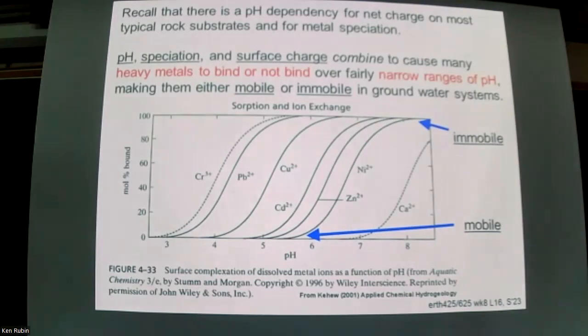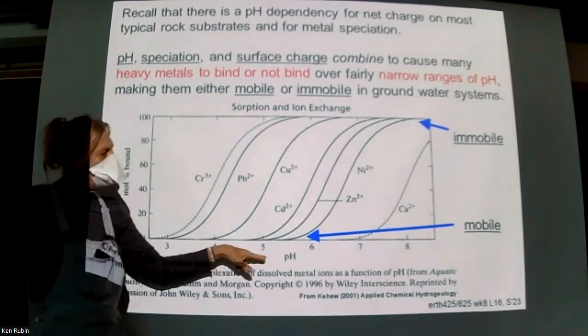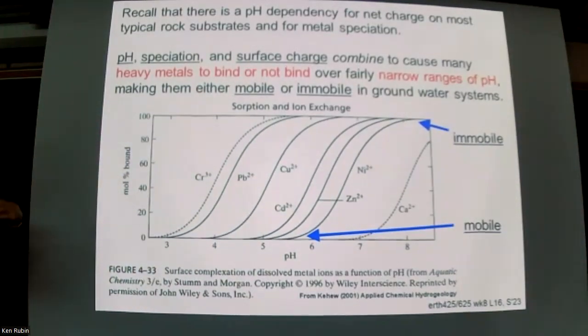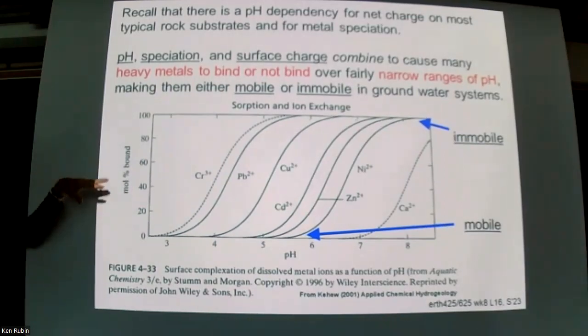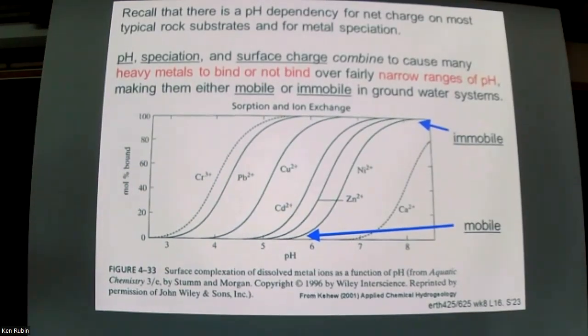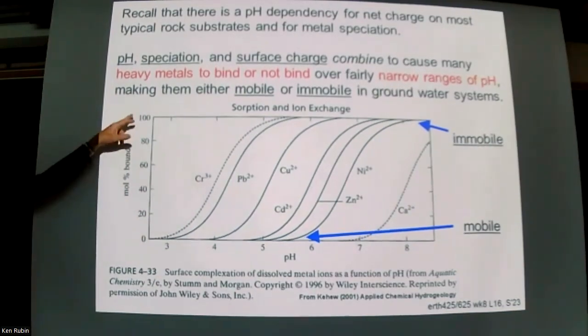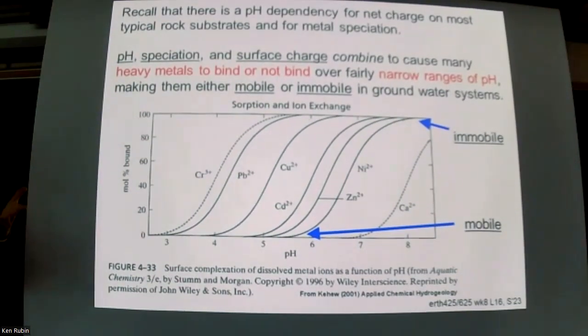Okay, so the next thing we have to think about is what is the chemical form of each of our things that might stick onto a surface and be retarded, move slower than the rate of water flow, as a function of other chemical parameters, and one common chemical parameter is pH. So this is basically showing us the mole percent of each one of these chemicals that is bound to particle surfaces, right? So if something's 0% bound, it's going to flow with the water. And if it's 100% bound, it's stuck onto the surface, it's not going to flow with the water.